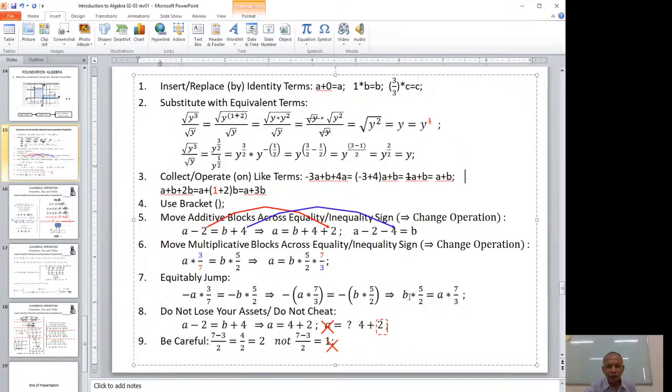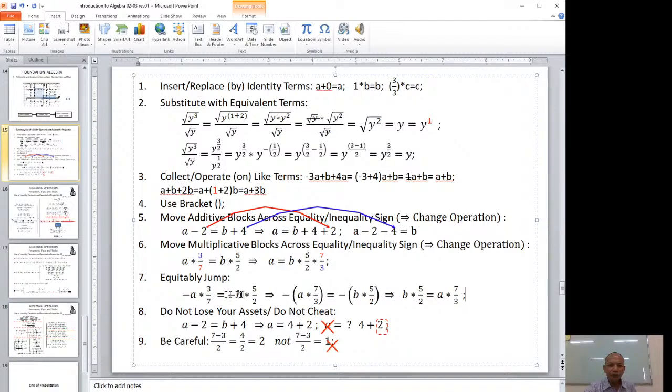When we move the whole negative from left to right and right to left equally, the negative disappears.